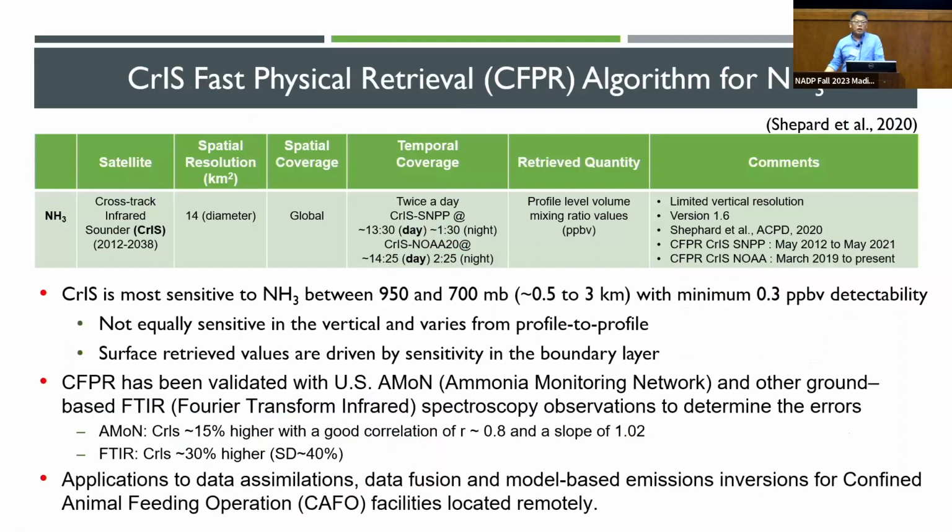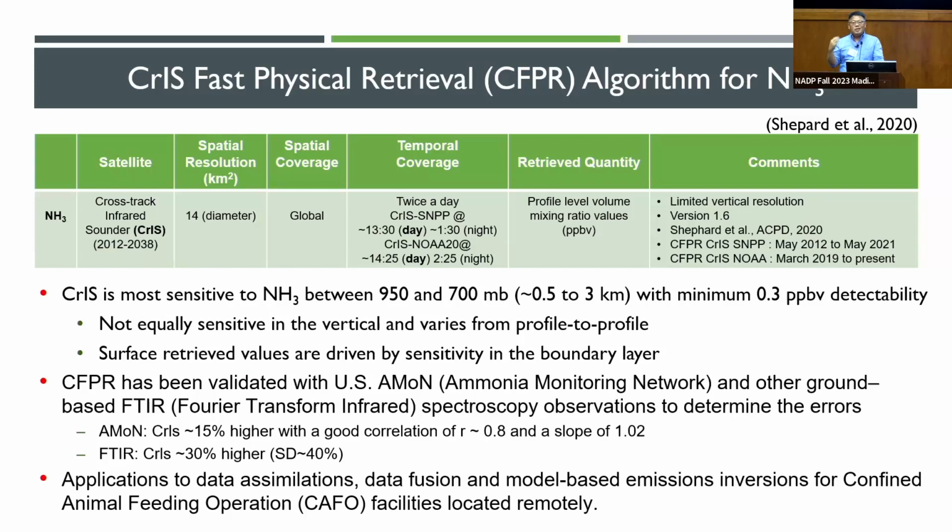So now, going into satellite is what some of you have experienced. I'm not a satellite expert, but I've been working with the Canadian folks who developed this algorithm from the CrIS fast physical retrieval. It does come with a concentration profile.